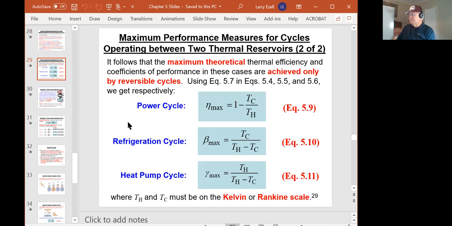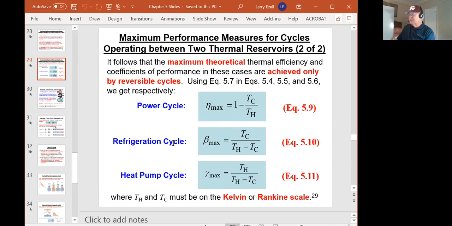So here are the formulas, and they're very simple. You just need to remember them or write them down. For a power cycle, where we have the boiler, the turbine, the condenser, and the pump, the maximum efficiency, or you could say the Carnot efficiency, is equal to 1 minus TC over TH. Now these temperatures are absolute temperatures, either Rankine or Kelvin.